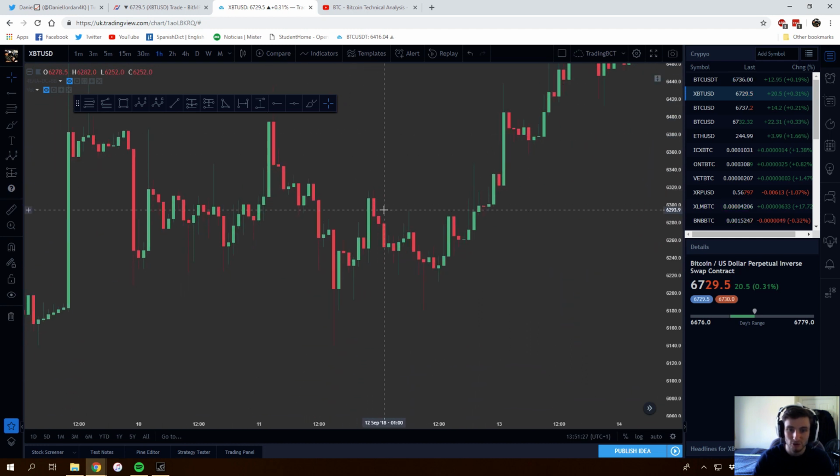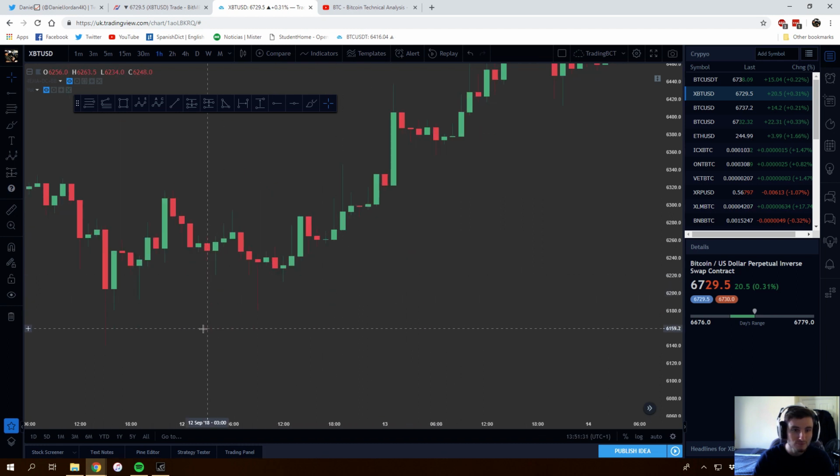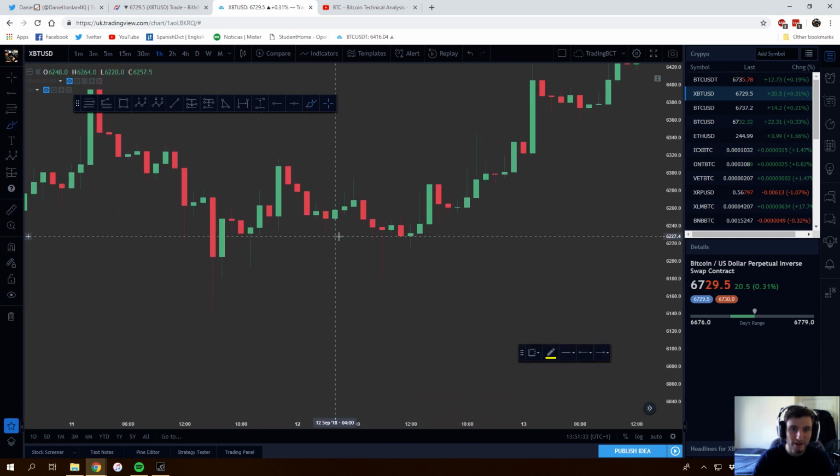We're looking at the 12th of September, and let's say we're buying in on this candle here. This is how I believe most traders would be playing it. They are buying in on this candle, and they are looking at the most recent support.